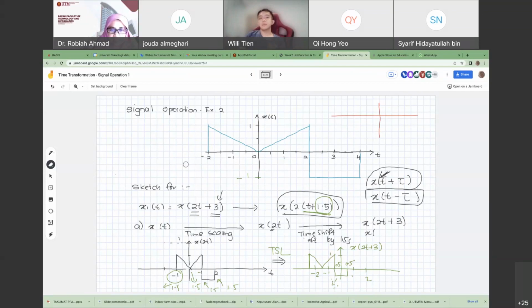So I think it should be the same. Shifting first then compress by 2t. So shifting here 3.